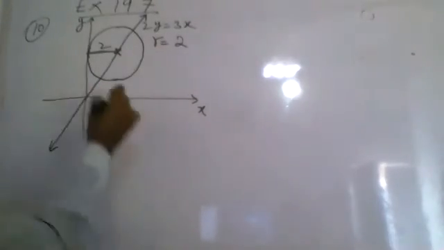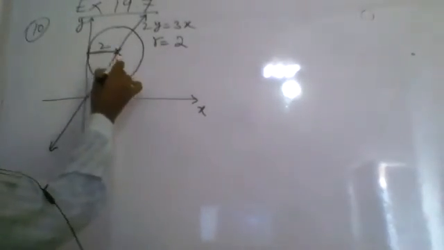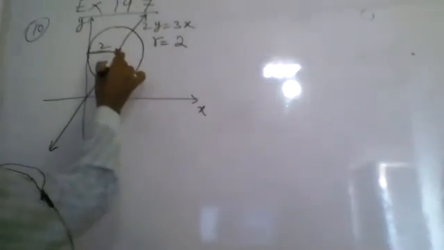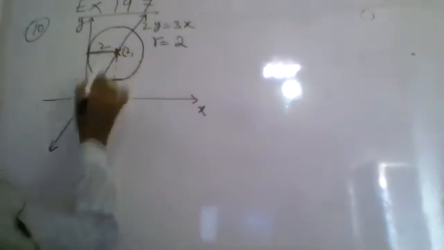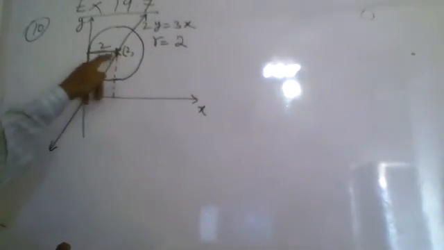So that means the radius is 2. Therefore, this is the center. Here the x coordinate is 2. Radius is 2 from here to here. So x is 2. The x coordinate of the center is 2.